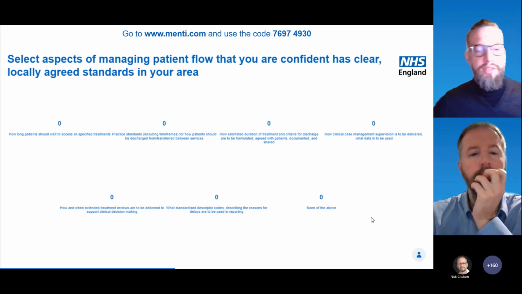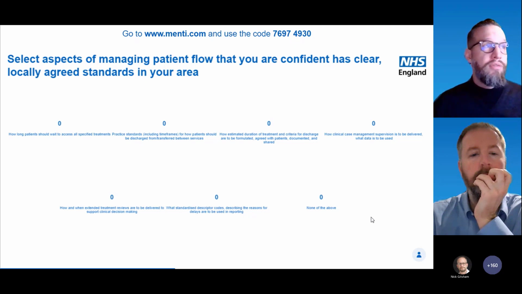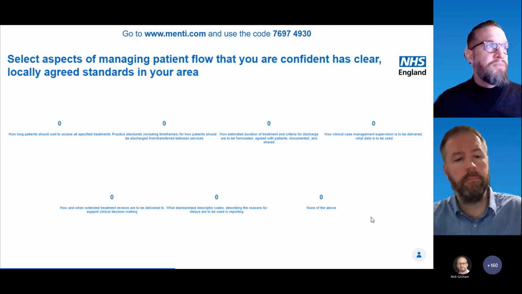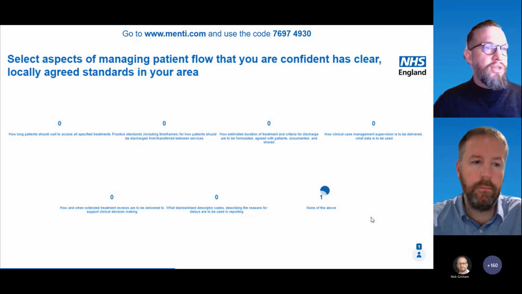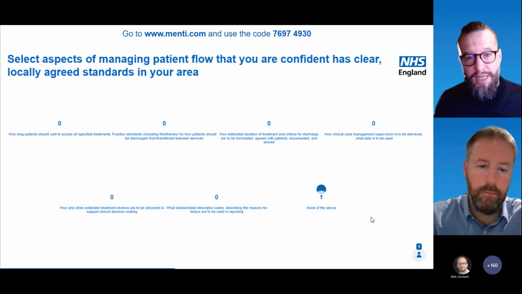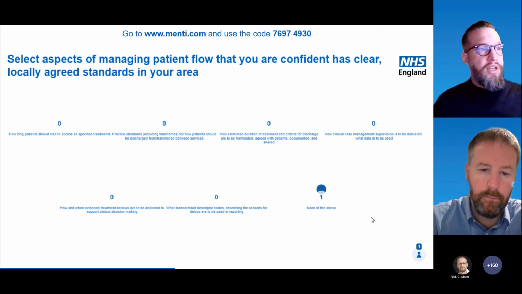Would be really interested to hear from participants on the call, of all of the stuff that I've just taught you about, which aspects of managing patient flow are you confident that there are clear and locally agreed standards for in your area? So there's 6 options. You can select multiple ones of them. If you're not confident that there's clear standards and processes for any of them, then there's a none of the above option as well.